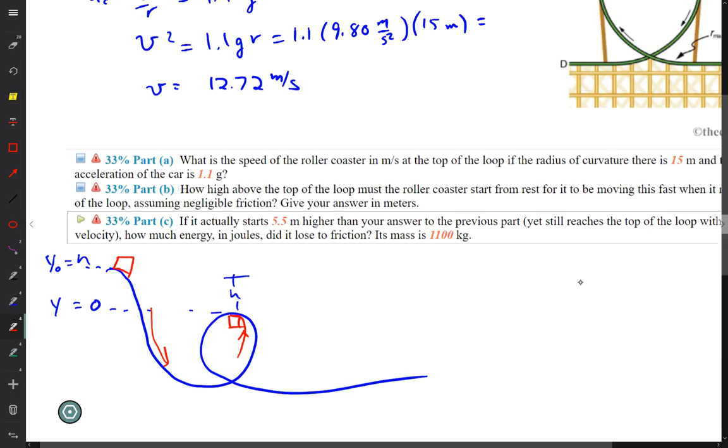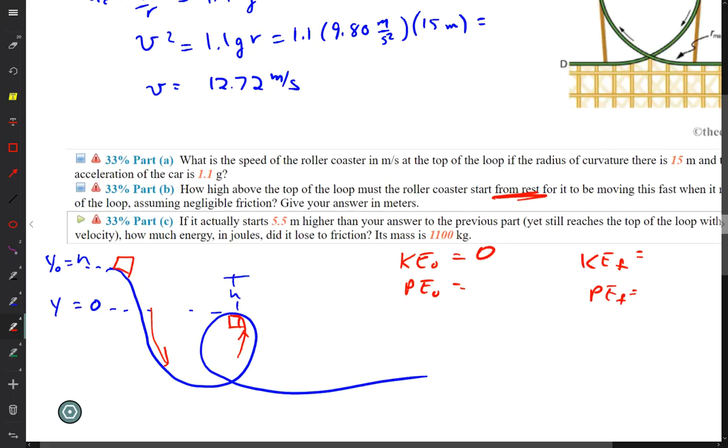Yeah, I need the kinetic energy initial and the potential energy initial, the kinetic energy final, and the potential energy final. So how high does it have to start from rest? If it starts from rest, what's my kinetic energy initial? 0. Bingo.